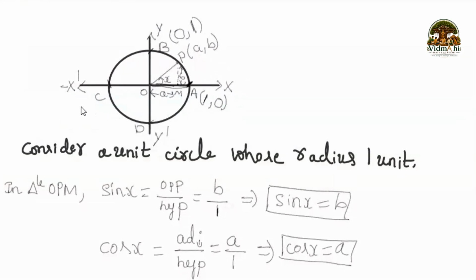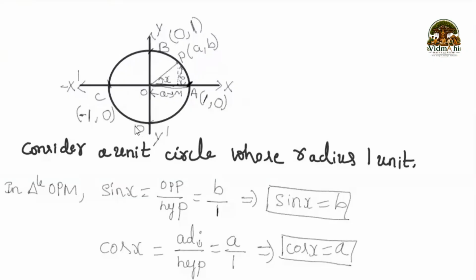And next, coordinates of C. Since C lies on negative x-axis, here y coordinate is 0 and since it lies on negative side and the distance from O to C is 1 unit only, so -1 comma 0.